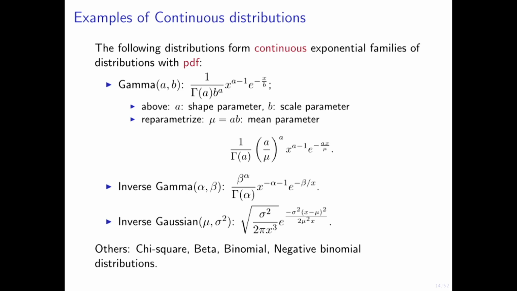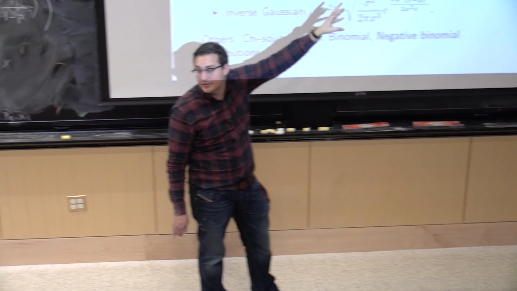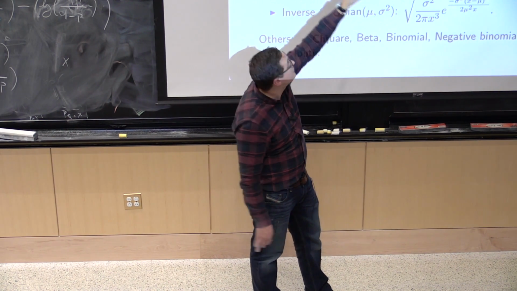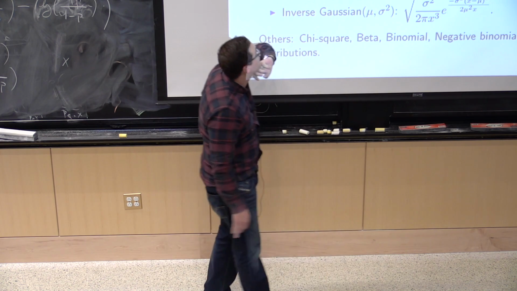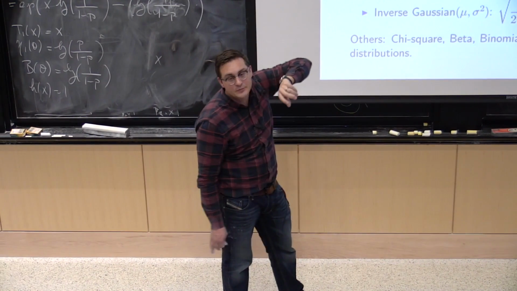And it's of the form x to some power times exponential minus x times something. So there's a polynomial in x, where the exponent depends on the parameter. And then there's exponential minus x times something that depends on the parameters. So this is going to also look like some exponential distribution.